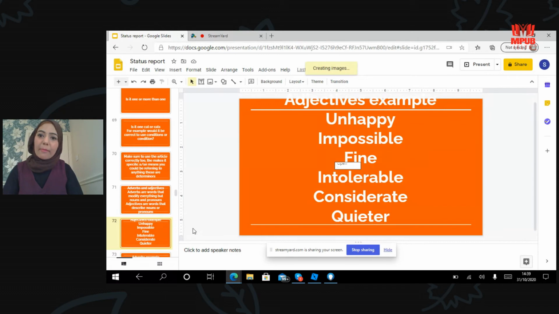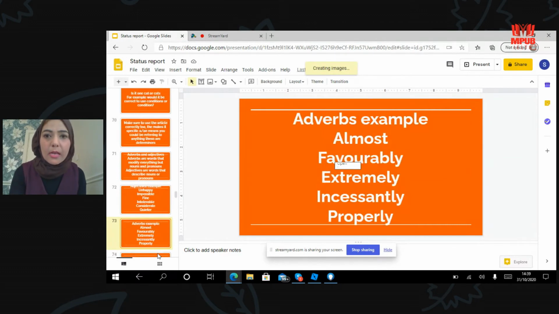So we had unhappy, impossible, fine, intolerable, considerate, quite. Quite is a good adjective. Let's look at some adverb examples from my letter. So I had almost, favorably, extremely, incessantly, properly.